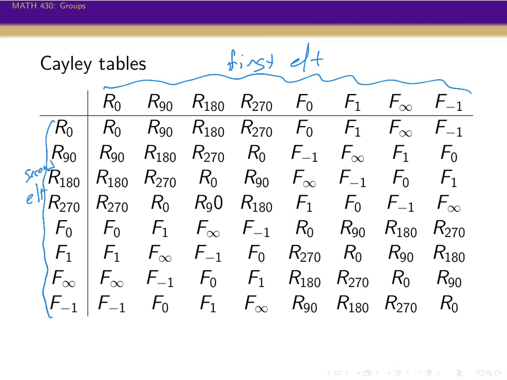So if I pick, say, this spot right here, this is underneath R180 and in the same row as F1. This is saying that if I do R180, then flip over a line of slope 1, this is the same thing as doing a flip over the line of slope -1. And so that's how we read this.